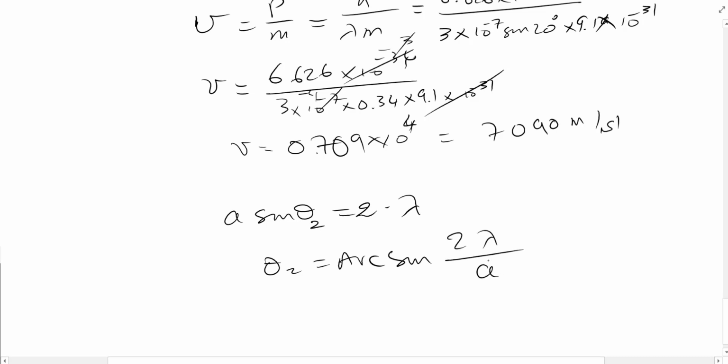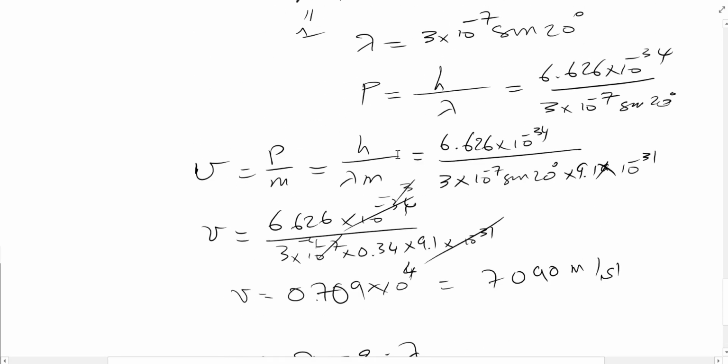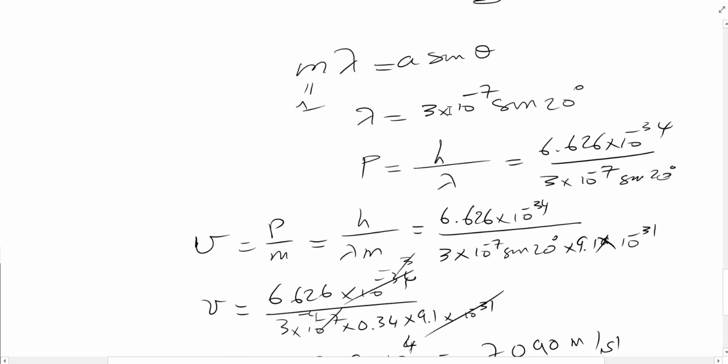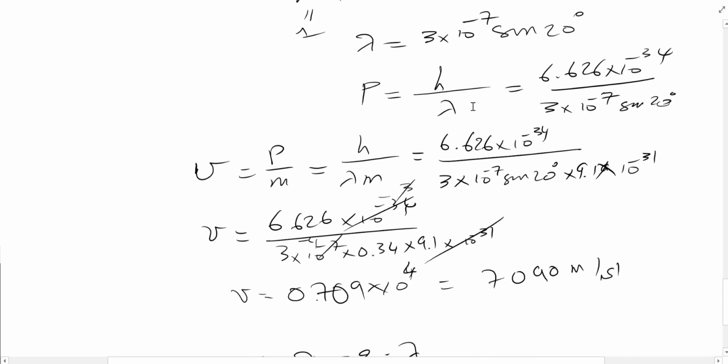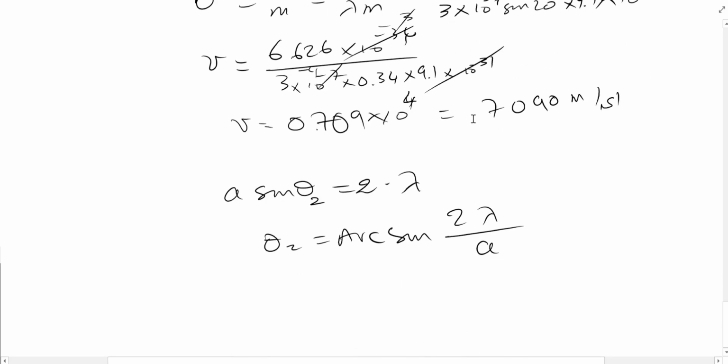Okay, you have to be careful here, because we found lambda from the previous calculation: a times sine of theta, where a is 3 times 10 to the power negative 7. So theta 2 is equal to the arc sine of 2 times lambda over a, which is a sine of theta, 20 degrees.